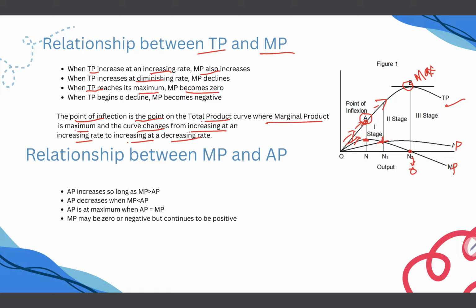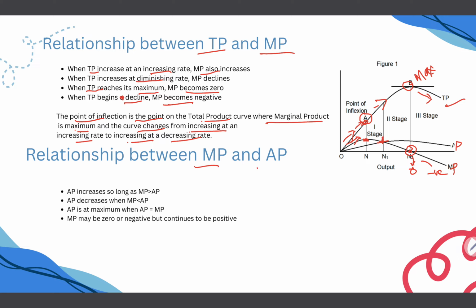Here in the MP curve, at point N, the MP is 0. And when TP begins to decline, MP becomes negative. After this point, you observe that TP is declining and MP's value is negative. These are the relationships between TP and MP.